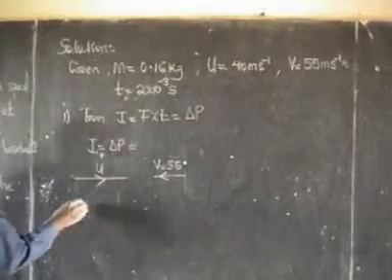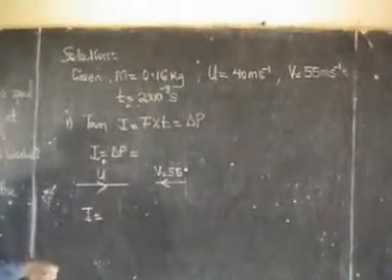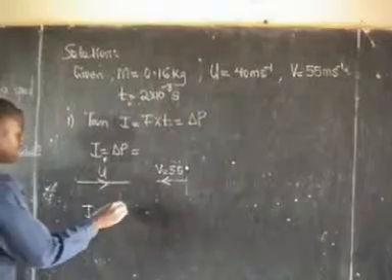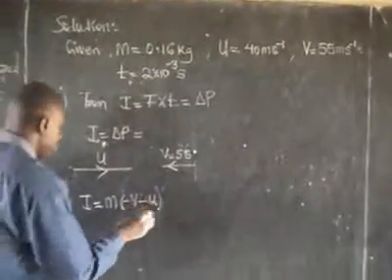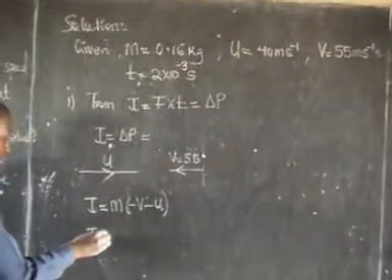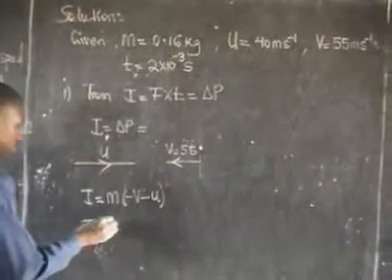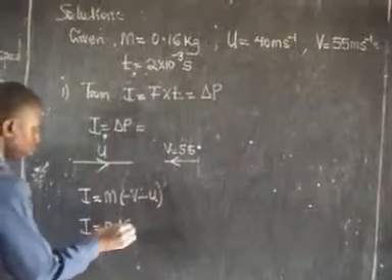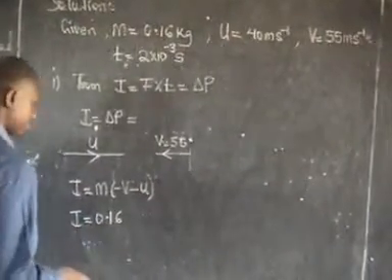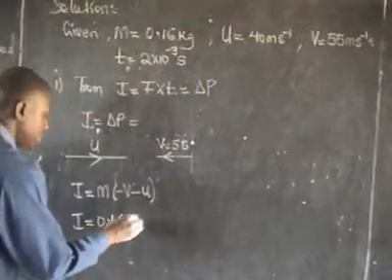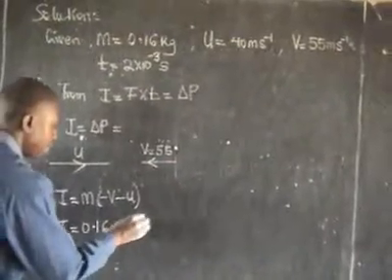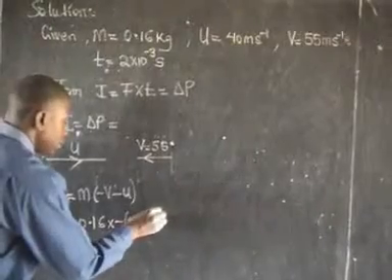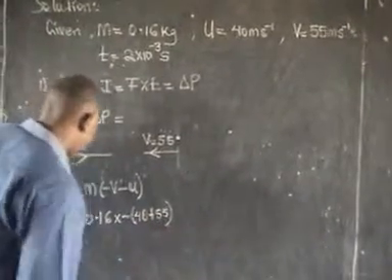So the impulse is the mass times the final velocity minus the initial velocity. The impulse will be equal to 0.16 times negative of (v plus u), 40 plus 55.